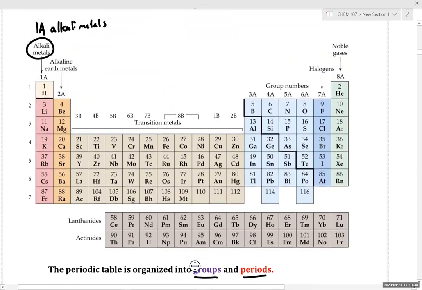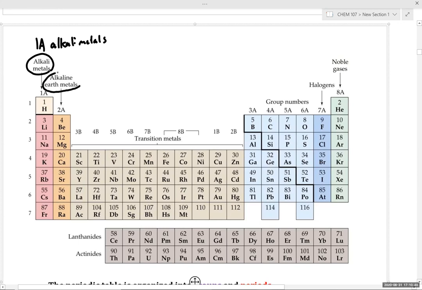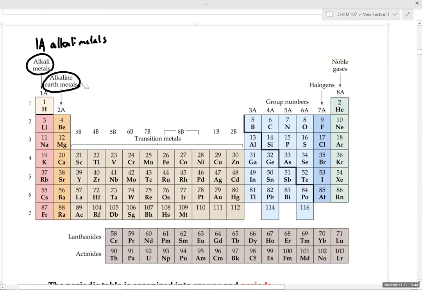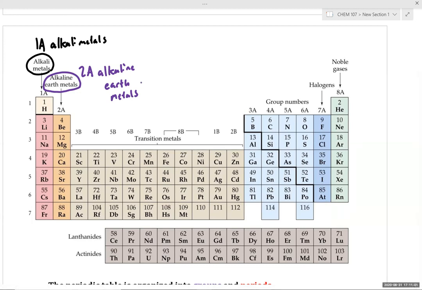So going to our periodic table, our 2A elements, let me use a different color for that just to distinguish them. Our 2A elements are known as alkaline earth metals. Would someone like to give me the symbol for one of our alkaline earth metals?